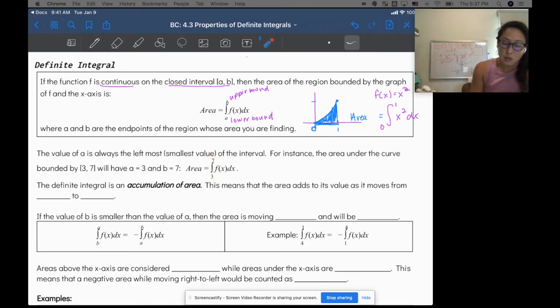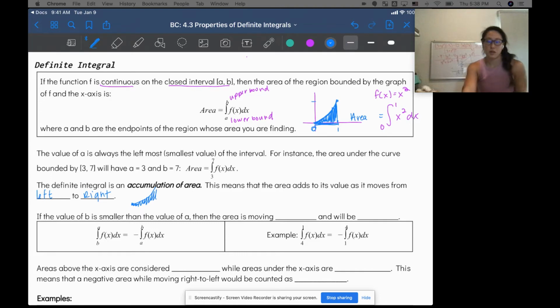The definite integral is the accumulation of area, like I said, the area underneath the curve. This means that the area adds to its value as it moves, and this is really important, from left to right. So we're adding the area underneath 0, then to the right of 0, and so on until we get our total area underneath our curve. Okay?